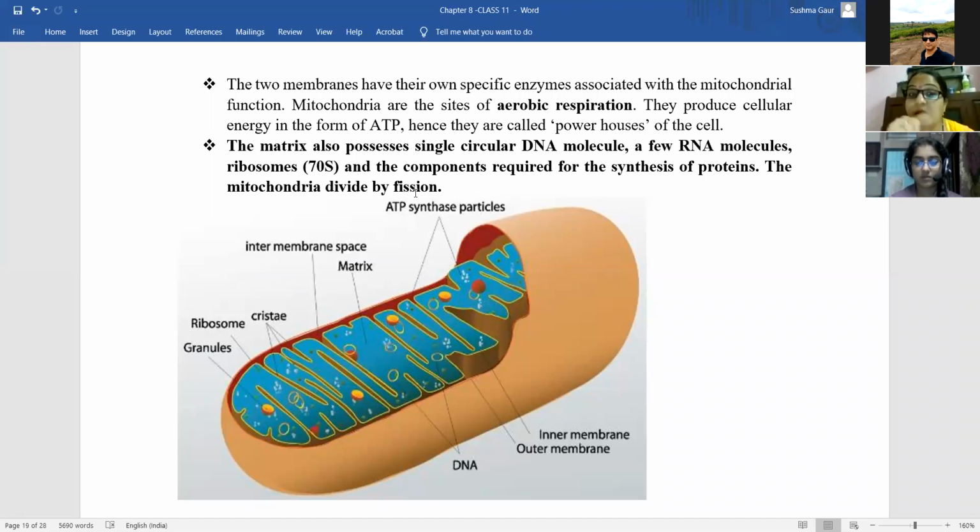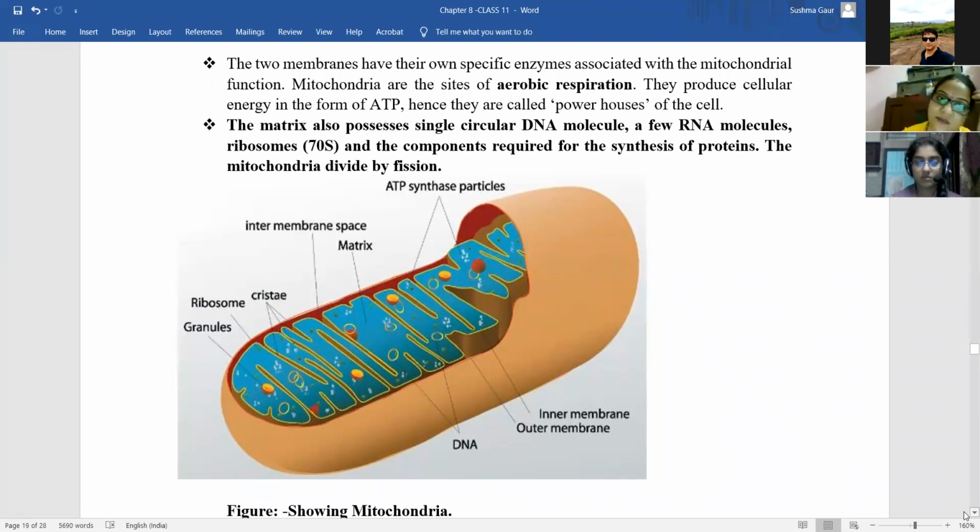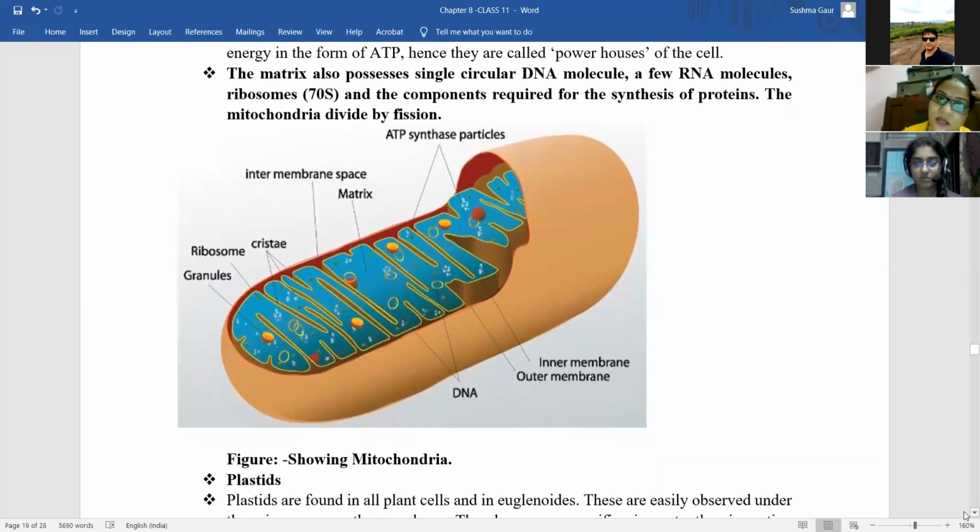But mitochondria have their own single circular DNA, their own RNA molecules, their own ribosomes, and different components required for synthesis of proteins. And the mode of reproduction of mitochondria is fission. They divide by the method of fission. This is an important thing; that's why I have highlighted it.